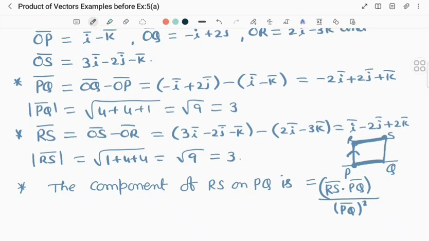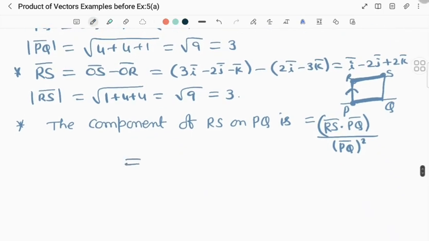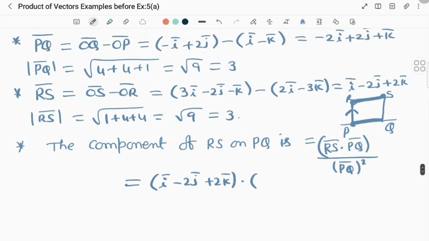So that is equal to, dot product I am writing, RS vector is i minus 2j plus 2k dot PQ, minus 2i plus 2j plus k, by magnitude PQ whole square. So 3 square, magnitude of PQ whole square.